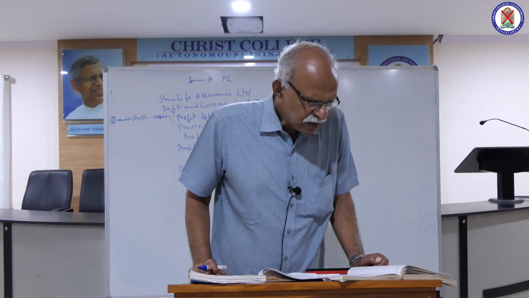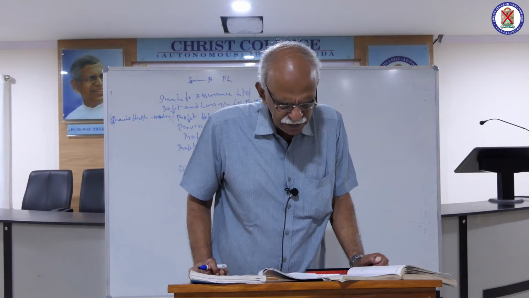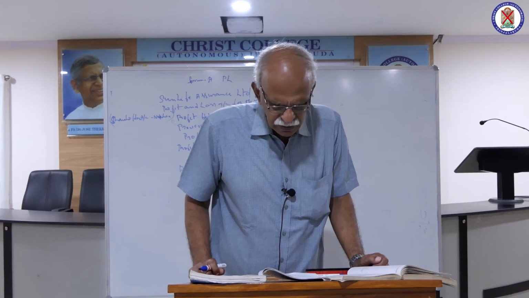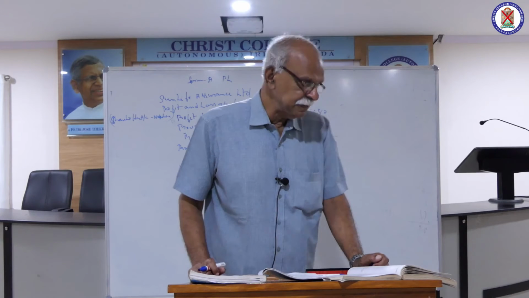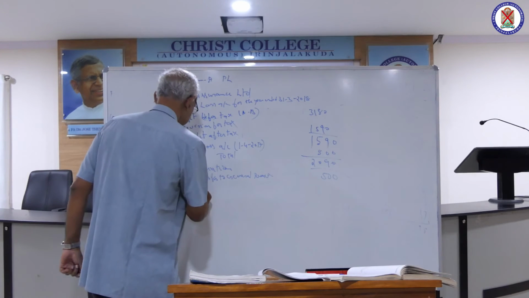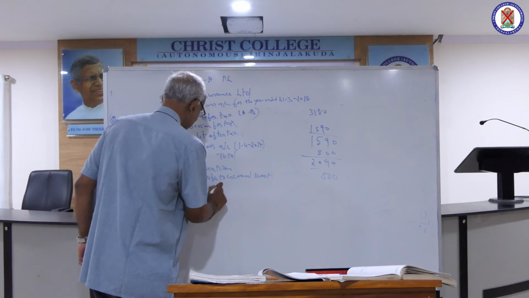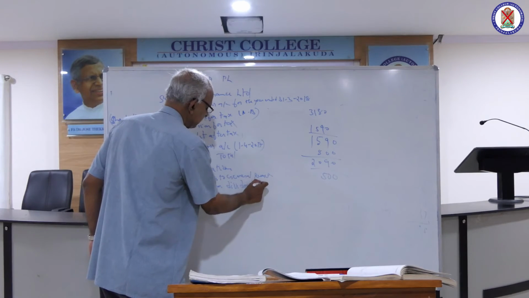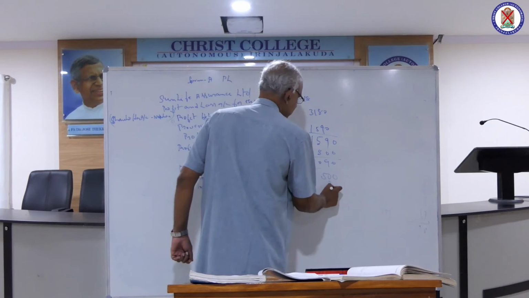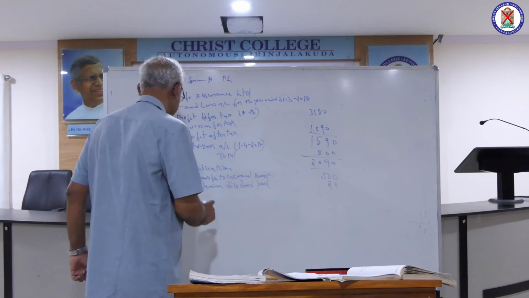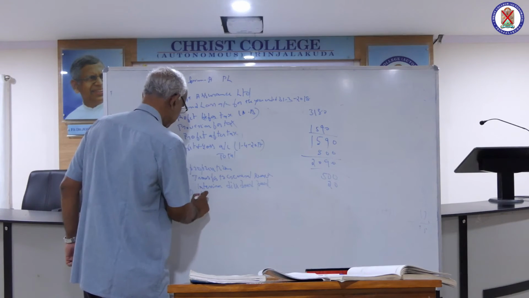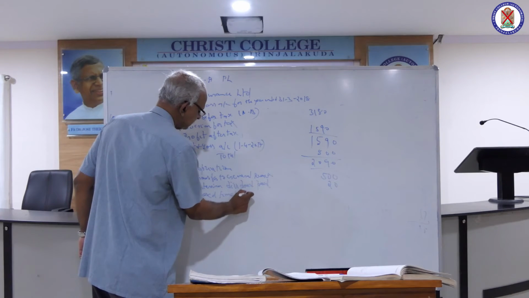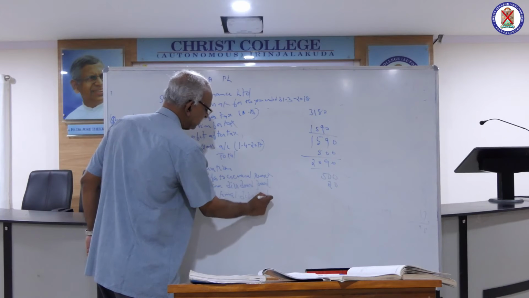Then interim dividend paid, 20. Then proposed final dividend.